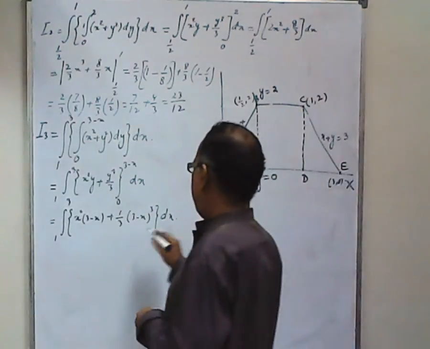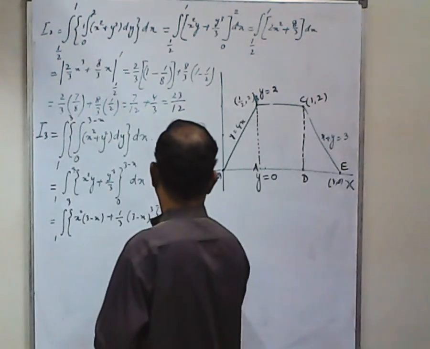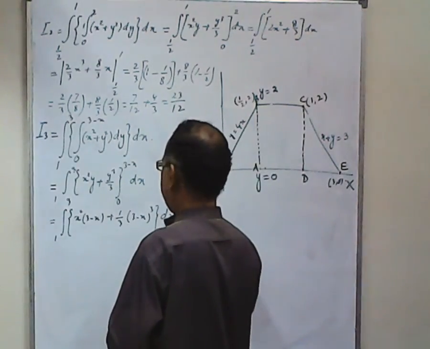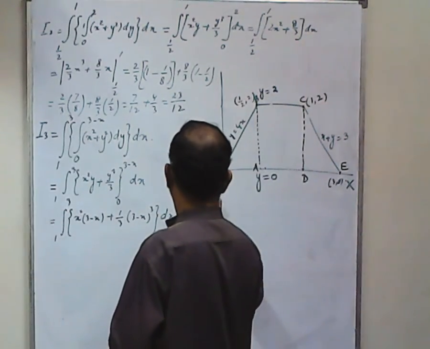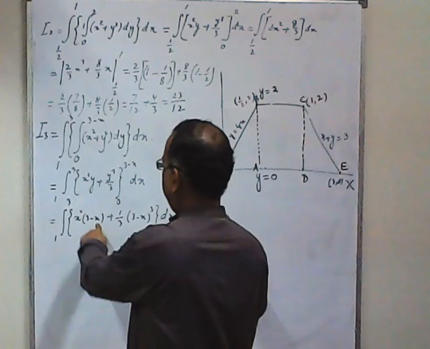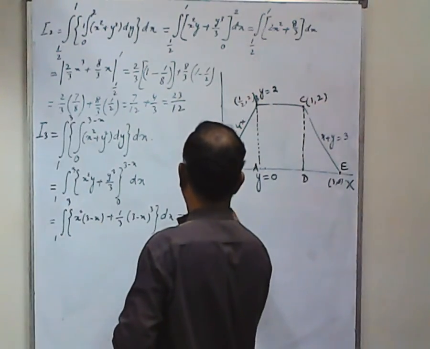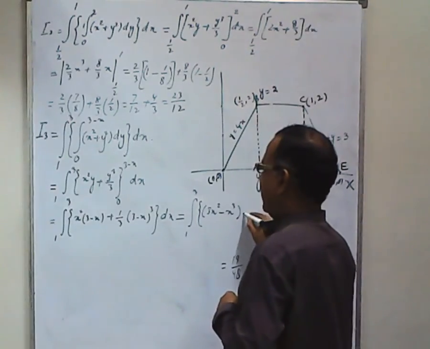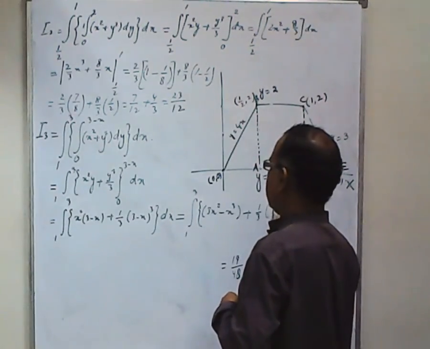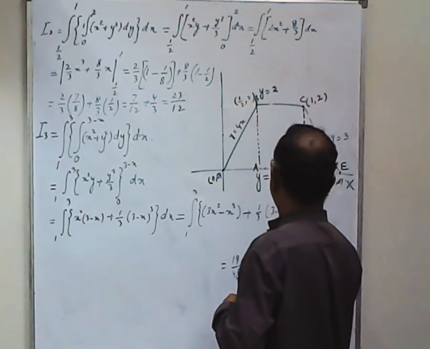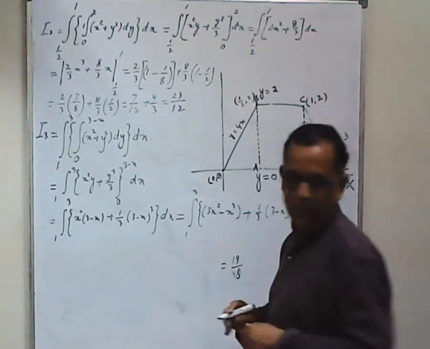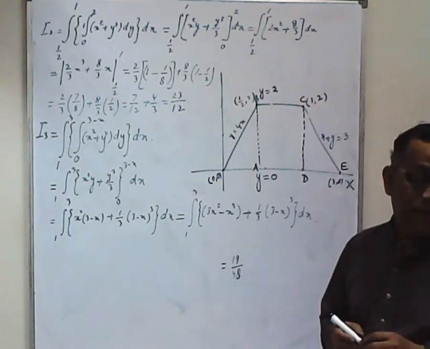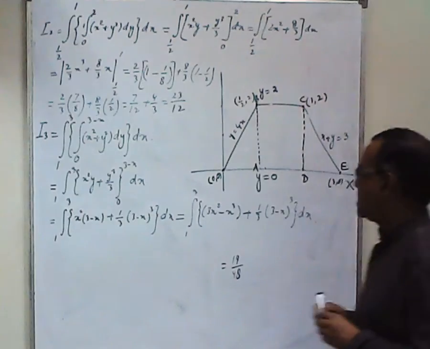So we can easily integrate this one. If I write 1 to 3, the first term will be multiplied, so it is 3x square minus x cube, and then plus 1 by 3, 3 minus x cube, and this is dx. So now we can easily integrate all these terms.